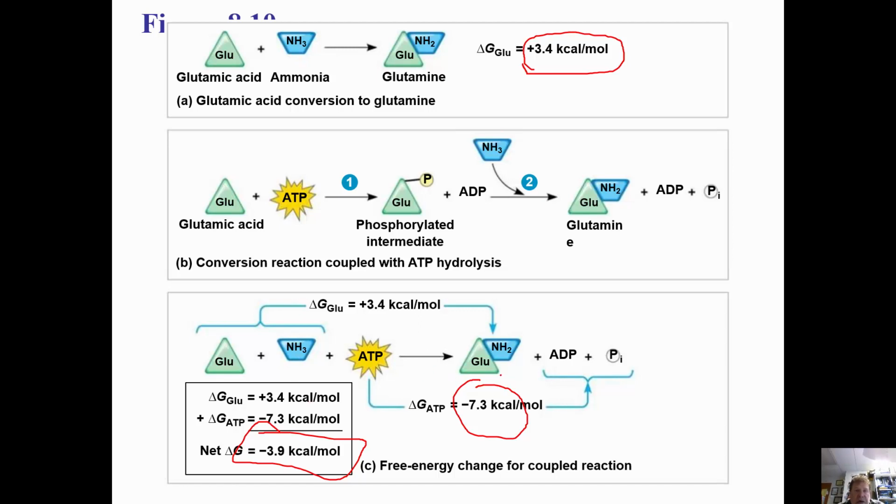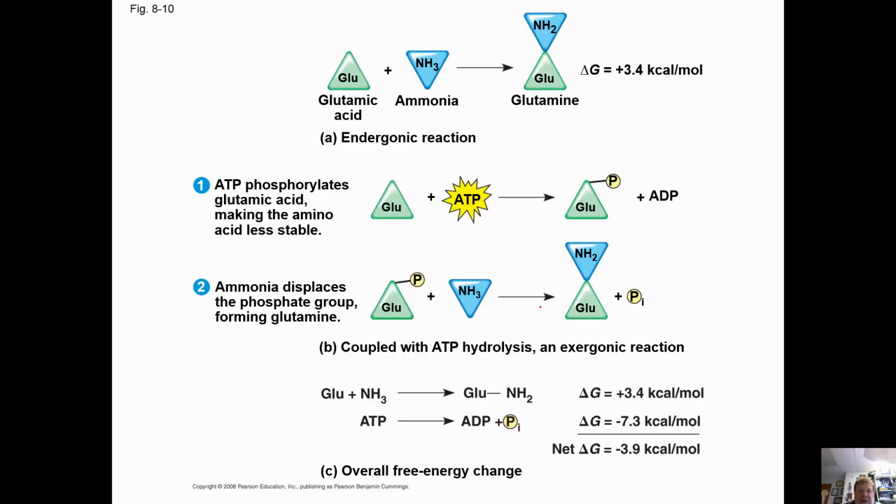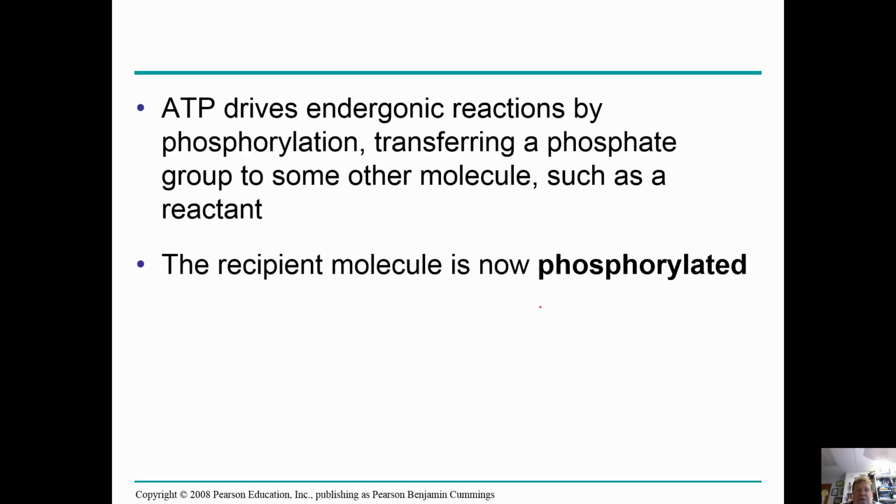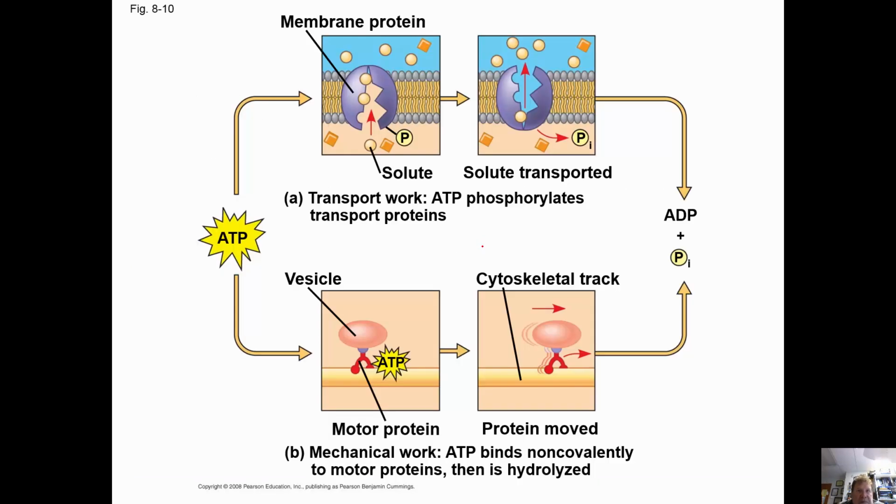It doesn't work. It's like walking into a store with a $20 bill and saying, hey, this thing costs $18, but I don't have any change. And so you just give them the $20 bill, and those $2 are wasted. That's why we see heat. Whenever we see metabolism, whenever we see work being done by the cell, we see the formation of heat. That's that little bit of extra energy that does not get used.